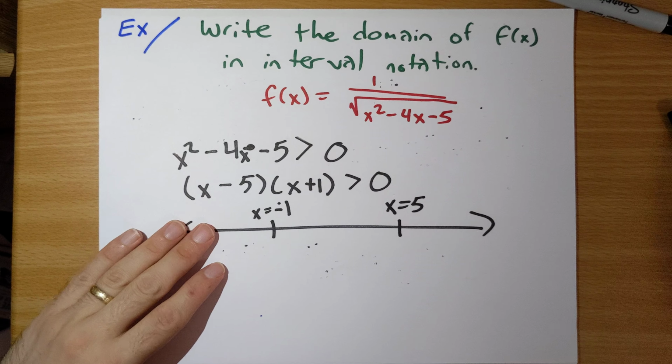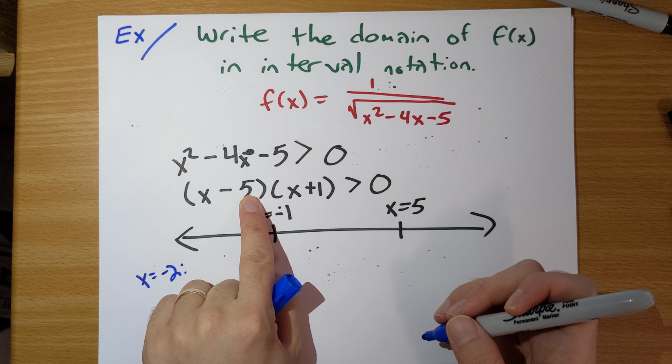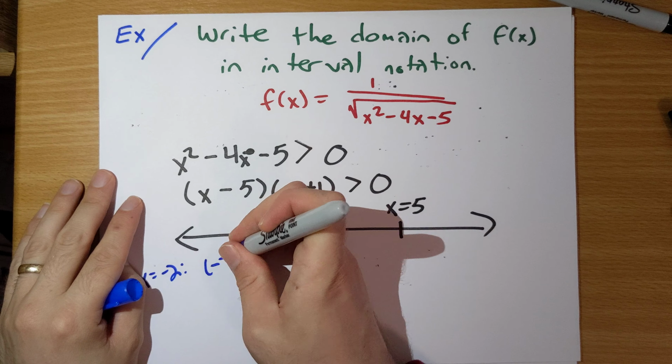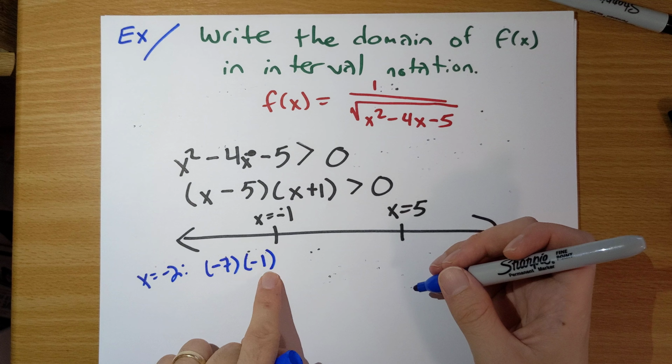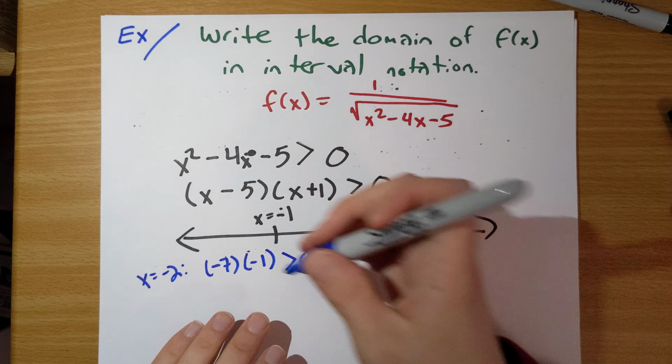So for something that's less than -1, we have x = -2. This expression would be -2 - 5 is -7, times -2 + 1 is -1. Negative times negative is something positive, so that works.